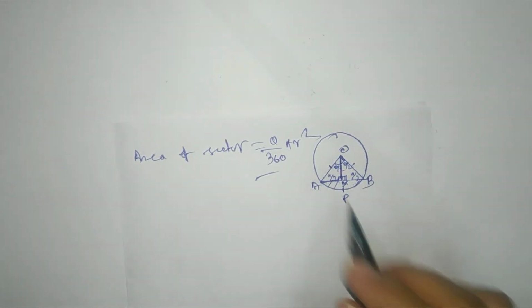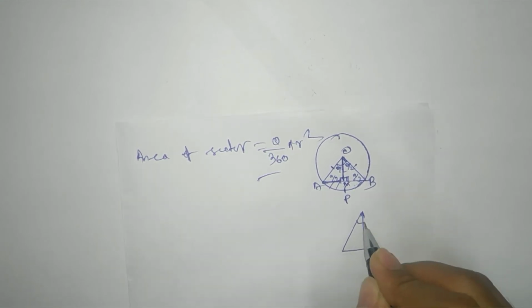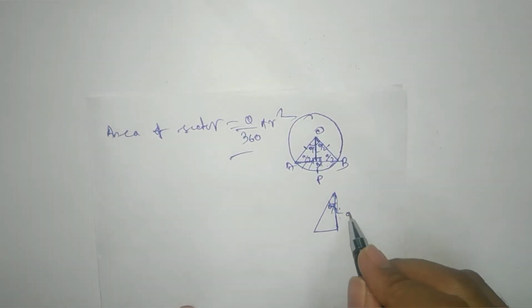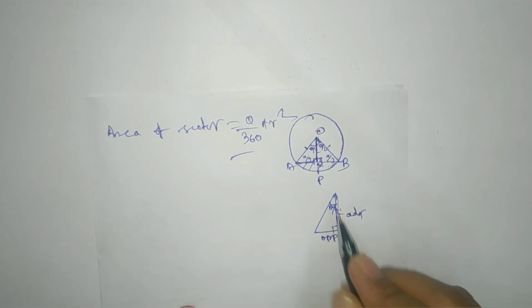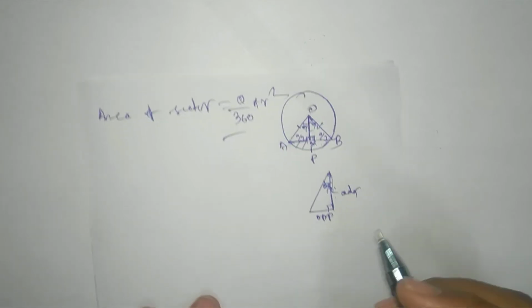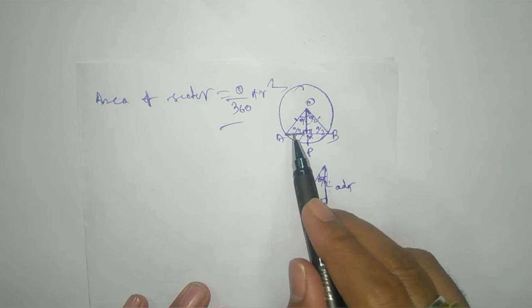So if we take it out separately, this is your theta by 2, and according to this theta, the adjacent side is this one, and the opposite side will be this, according to this figure. Now you need to find height and base.